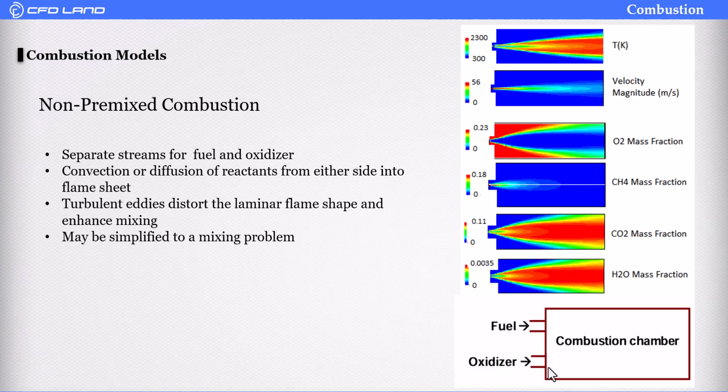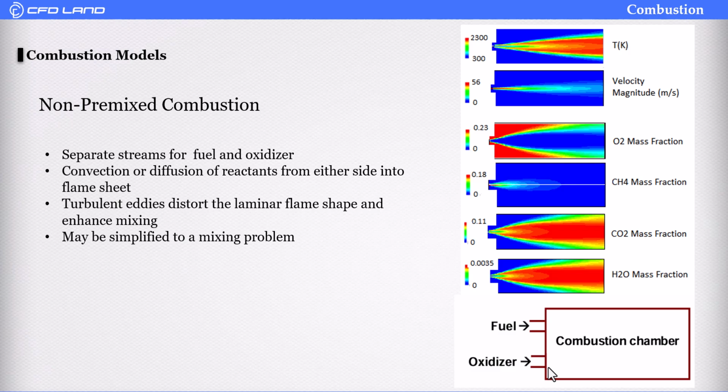Then governing transport equation does not have a source term, and it helps us to simplify the combustion problem to a mixing problem. This model was specifically developed for the simulation of turbulent diffusion flames with fast chemistry.